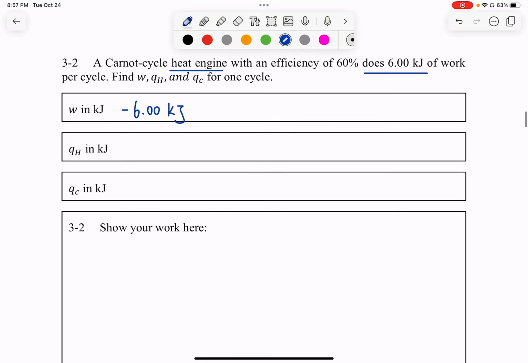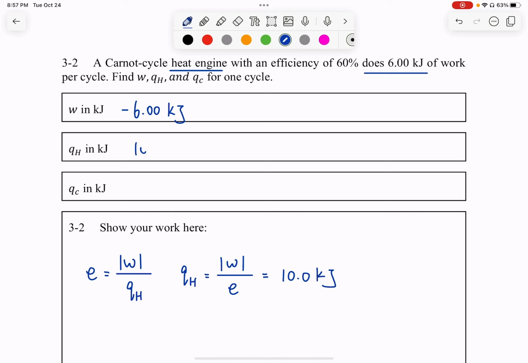Now we know what work is, we know what efficiency is, and we have the definition of efficiency being the absolute value of work divided by QH. So in this case, QH equals the absolute value of work divided by efficiency, which gives me 10.0 kilojoule.